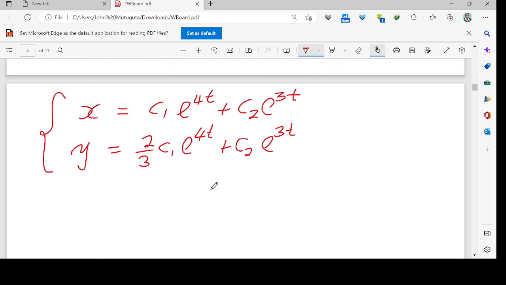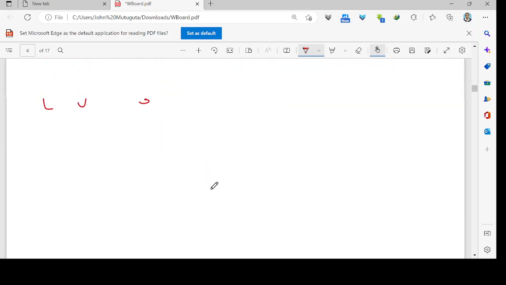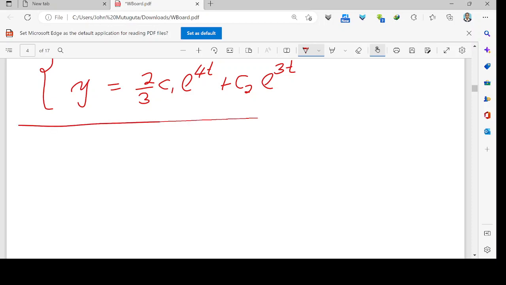Let's do a second example. You are given a system of differential equations in two unknown functions.